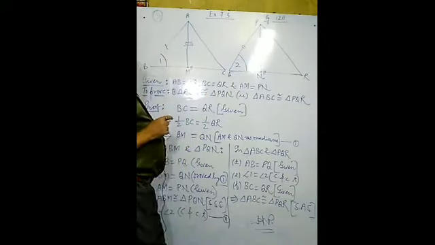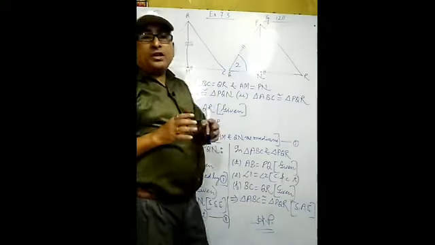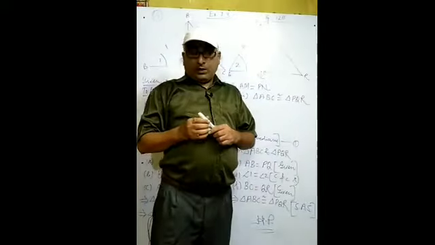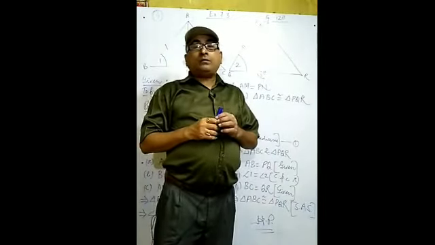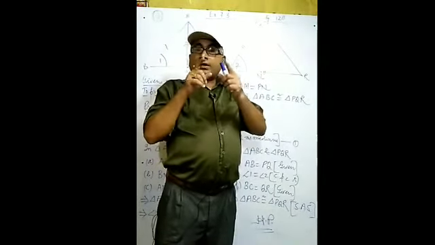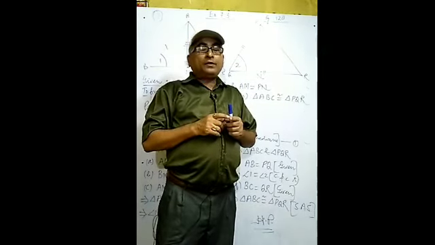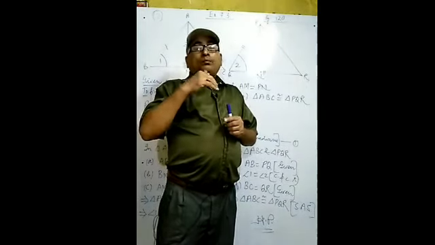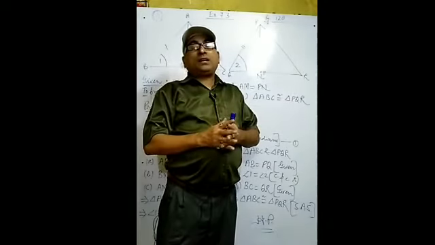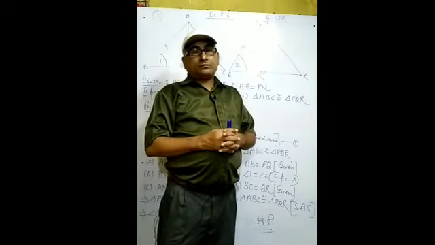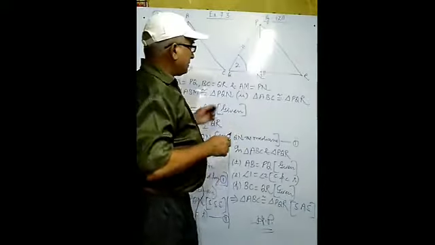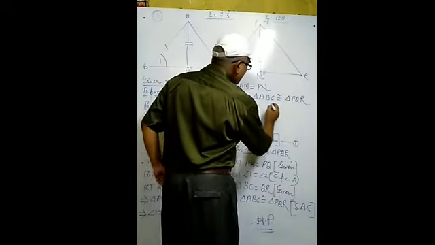You know the property of a median. How can you define a median? Suppose a vertex of a triangle is taken and the midpoint of the opposite side of that vertex. Try to follow this. Suppose your triangle is there.